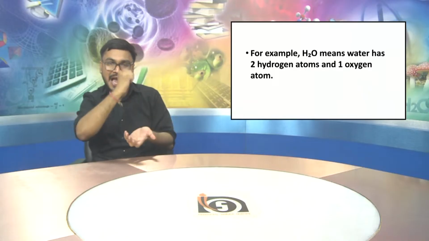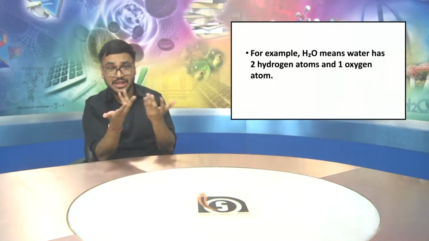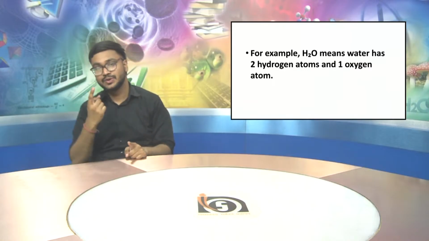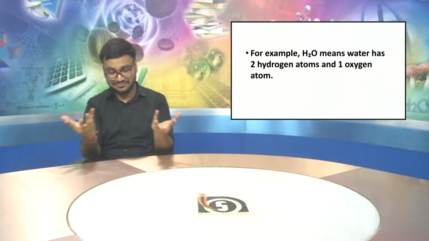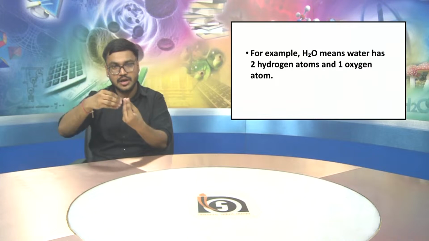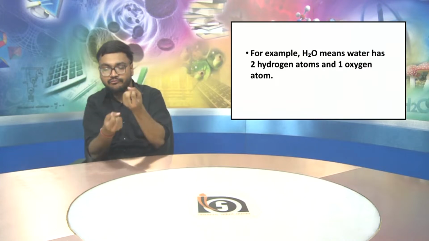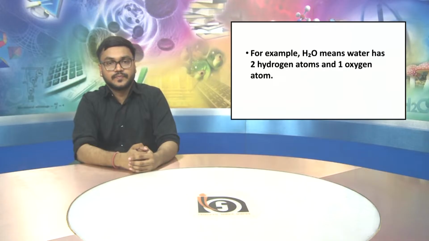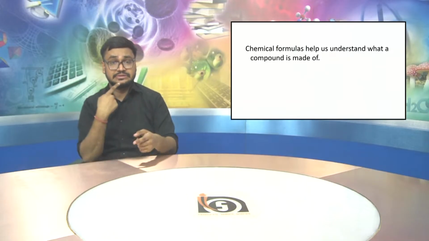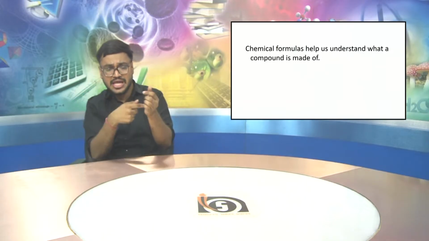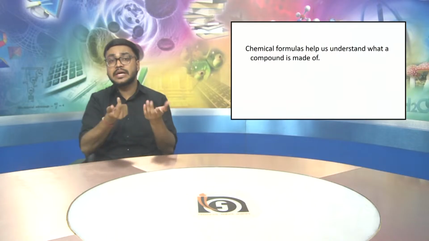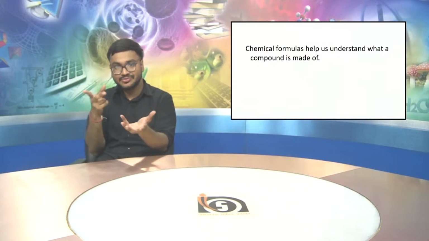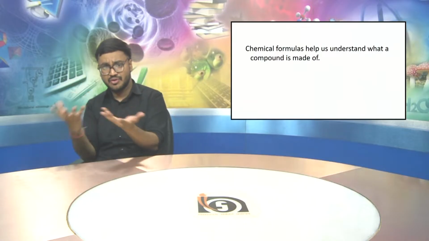For example, H2O means water has 2 hydrogen atoms and 1 oxygen atom. Chemical formulas help us understand what a compound is made up of.